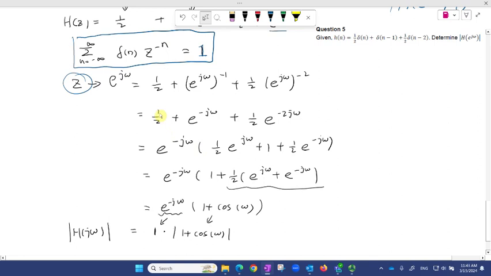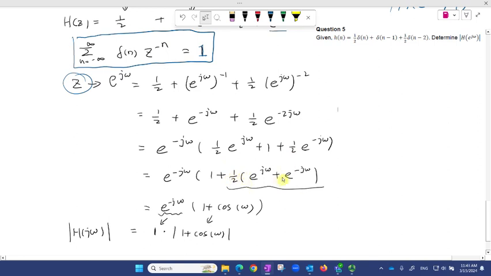This is a constant; you take this factor out, which is negative j omega, and what you're left with is a positive j omega. They multiply each other to equal 1. So e to the -j omega becomes 1, and there are 2 of them; you take one, and 1 is left. Then you bring 1 to the front and 1/2 to the outside of the brackets.